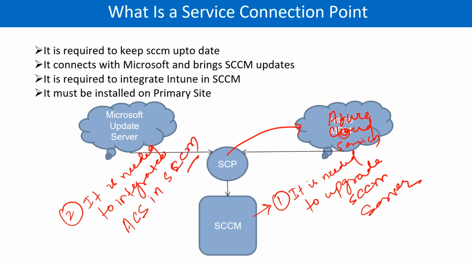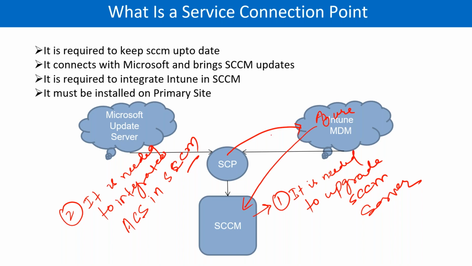In order to integrate some of the cloud features of Azure, like Azure Active Directory or Azure Tenant or Azure co-management, a cloud management gateway. So all those things are present here in the cloud. So service connection point will help you to integrate some of the features from Azure into SCCM.